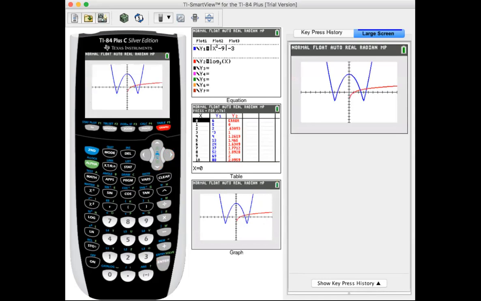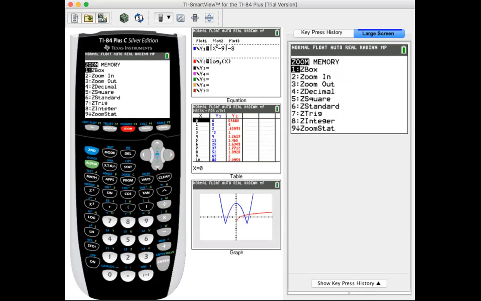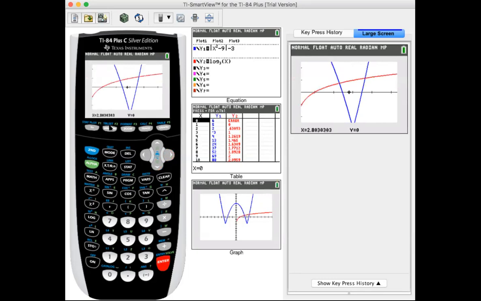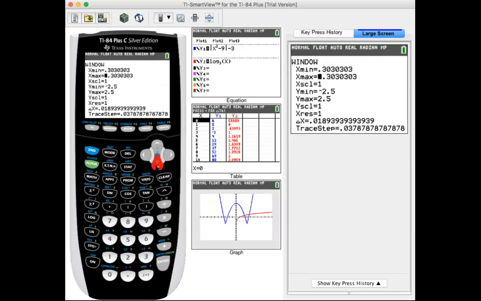Where do they intersect? Somewhere over there. I'm going to zoom in a little bit. Let's try this. This is taking really long, so I'm going to go to Window and change the resolution over here to like 2.